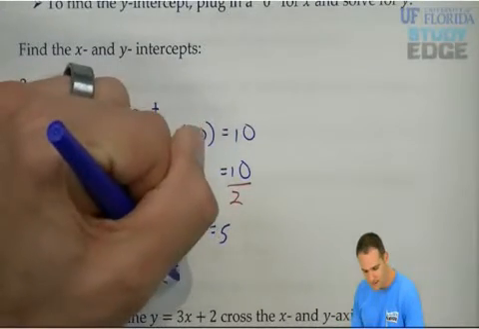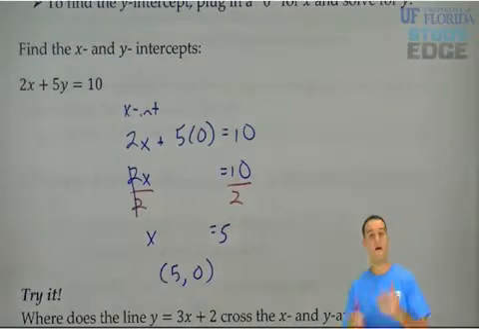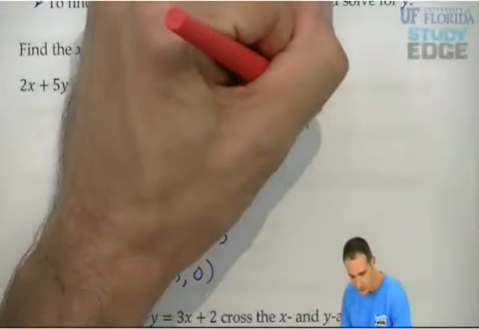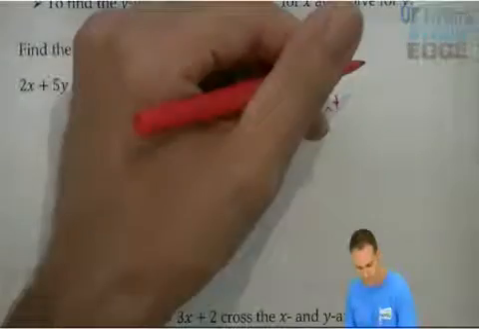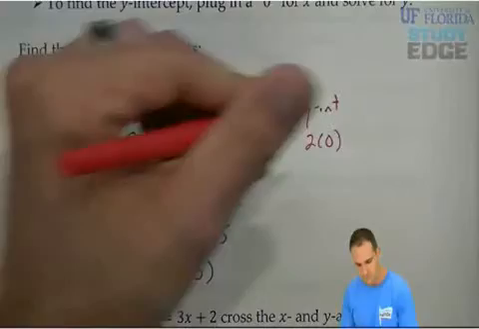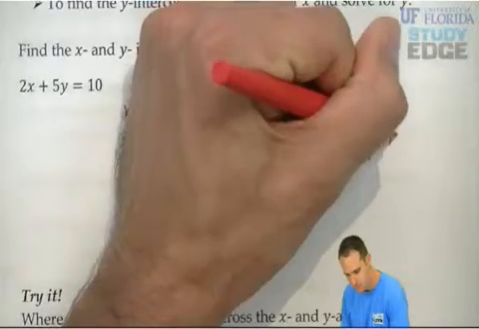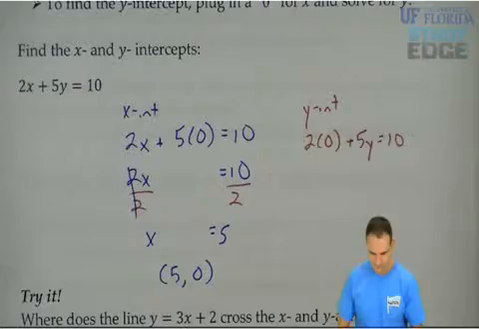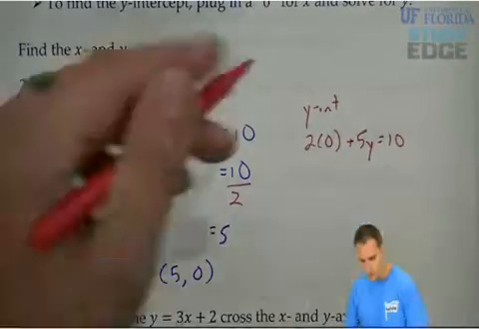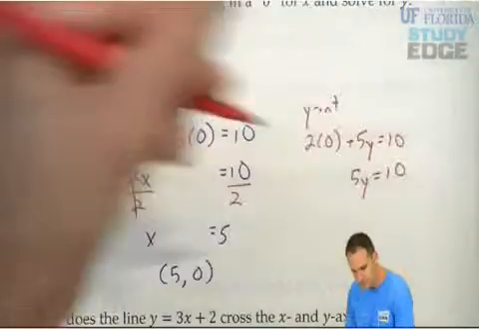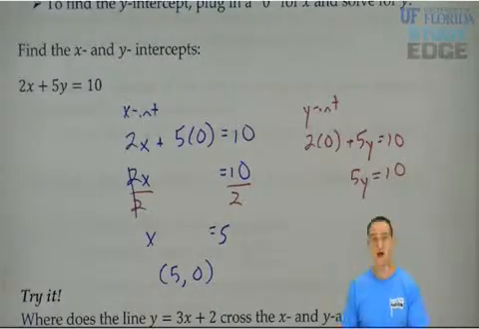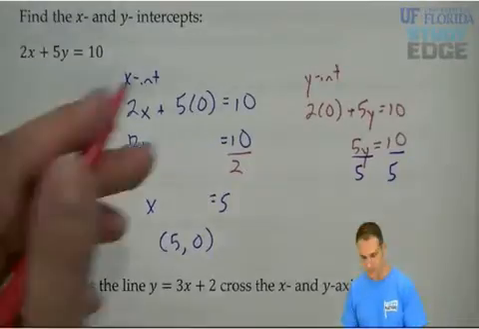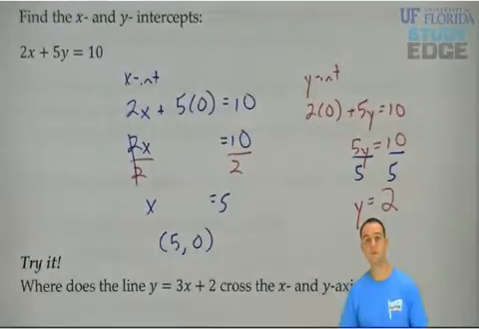But that's not the final answer. The coordinate would be x is 5, y is 0: 5 comma 0. For the y-intercept, you plug in a 0 for x. 2 times 0 plus 5y equals 10, and solve for y. 2 times 0 is 0, so that will give you just 5y equals 10. 5 times y, divide both sides by 5, and you'll get y equals 2.